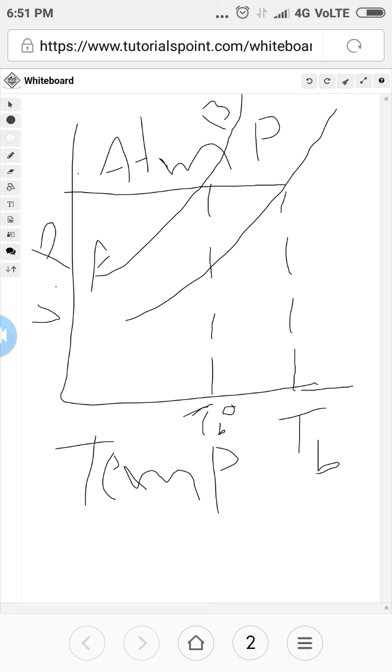The two curves are AB and CD: graph CD for solution and AB for solvent.